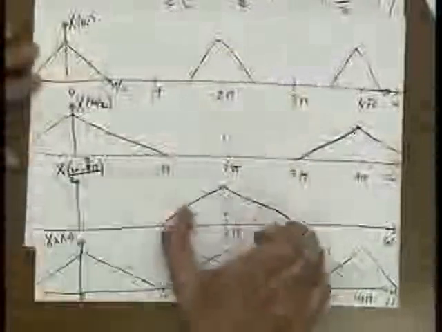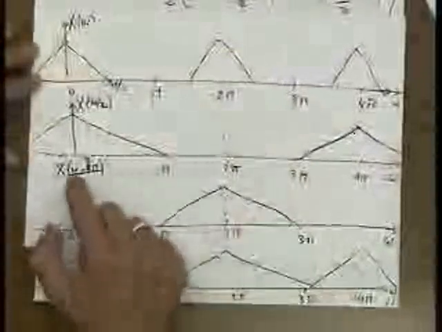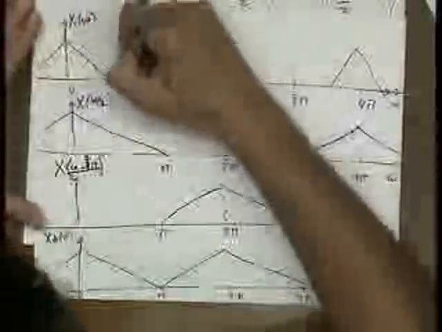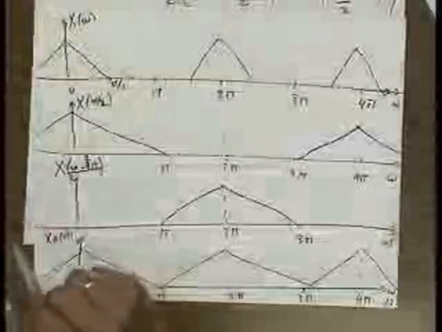But then when I shifted it by 2 pi, when I came to this signal and shifted it by 2 pi, let me just draw it with green. If this guy went all the way to there, then let's say we went to 3 pi over 4, right?